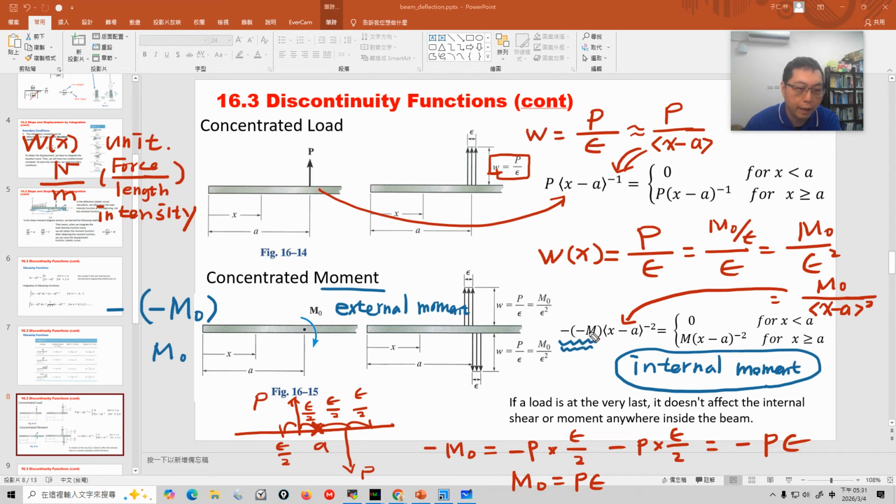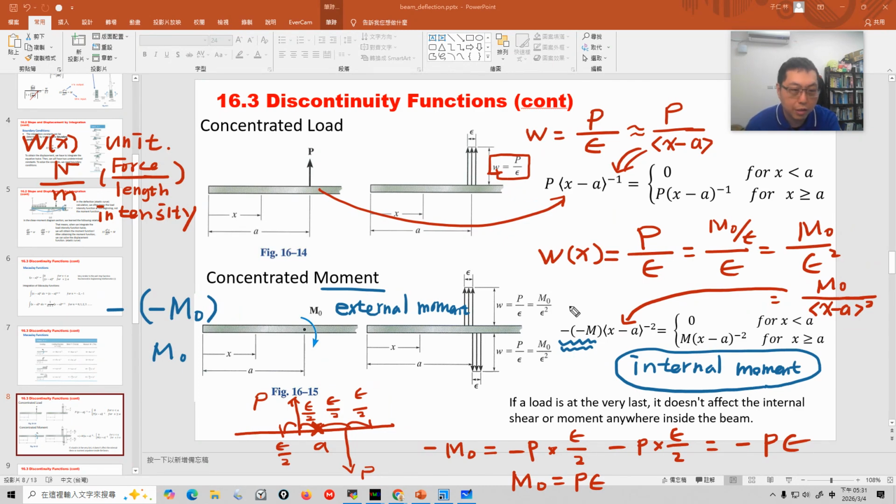Because this external moment is minus m, but now we want an internal moment, so we have to put another minus sign in front of the external moment to get the right internal moment. So be careful with the moment function. That's very important.